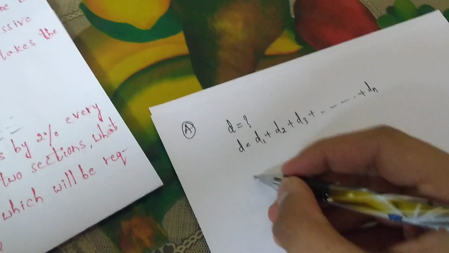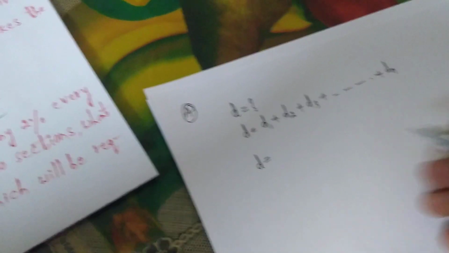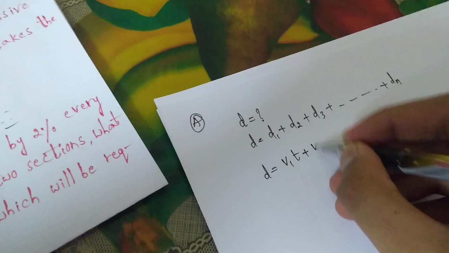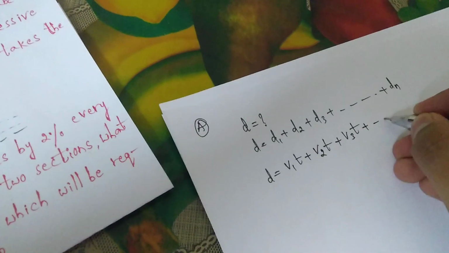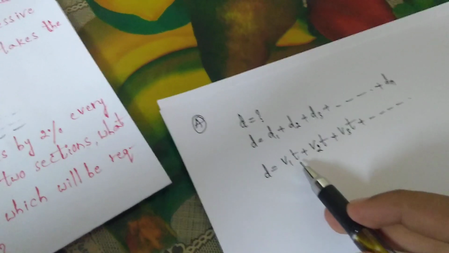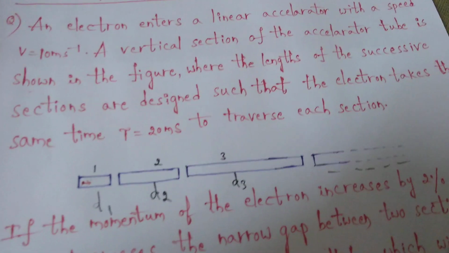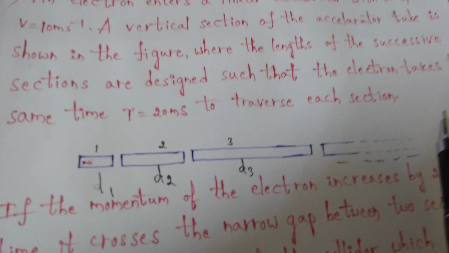Here we are going to write this distance in terms of velocities and time. This is v1 into t plus v2 into t plus v3 into t and so on. And why have I taken t instead of t1, t2? Because it is given in the question that the electron takes the same time t equals 20 milliseconds to traverse each section.